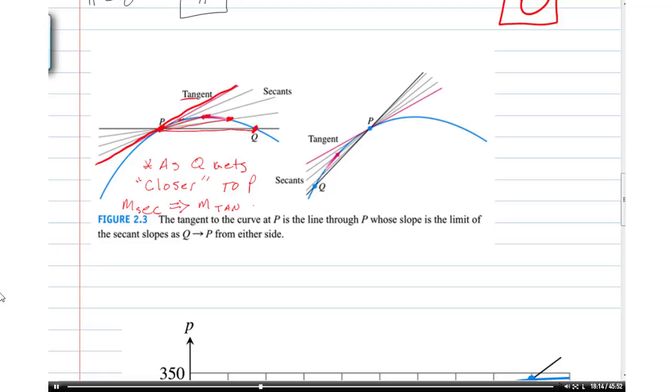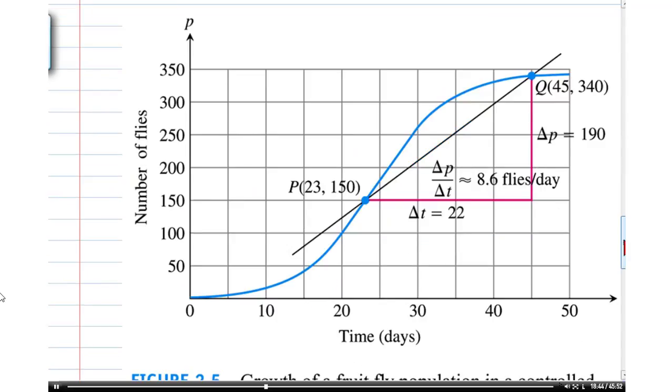This is our first introduction to a limiting process, or a limiting concept. Here is a situation in which we have the time that's elapsed, measured in days, and the number of flies in an experiment, the growth of a fruit fly population in a controlled experiment. And we have the average rate of change over 22 days.